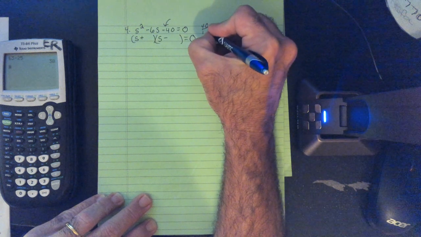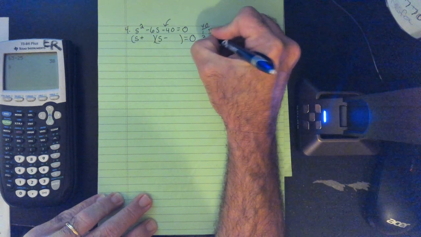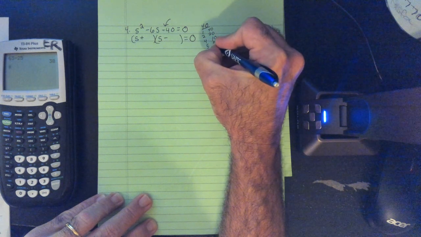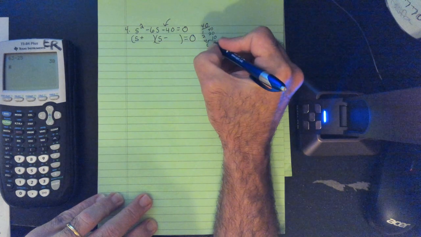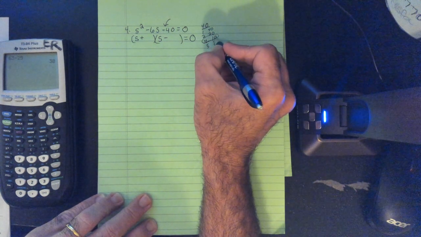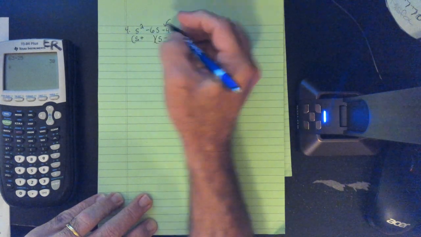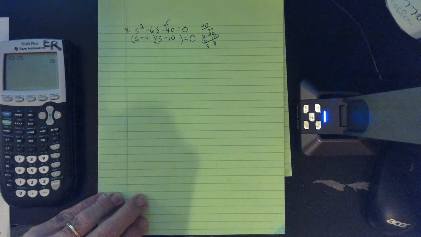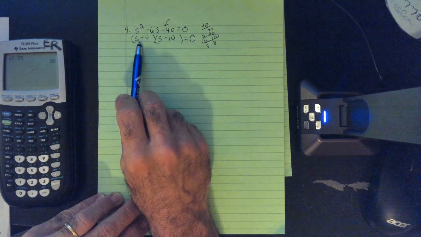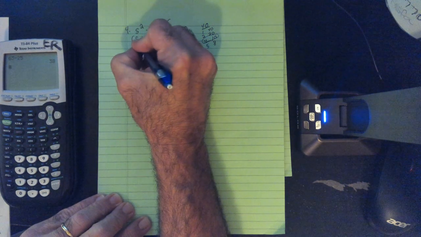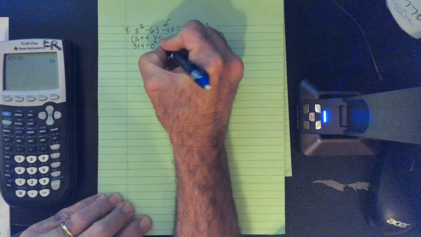So 40 would be 1 and 40, 2 and 20, 4 and 10, 5 and 8. The ones that will subtract and give me the 6 would be 10 and 4. So the larger factor, 10, has the same sign as the middle, so it's going to be negative, and the 4 will be positive. Now that we've got it factored into (s plus 4)(s minus 10) equals 0, I would set both of those factors equal to 0 so that I can solve them.